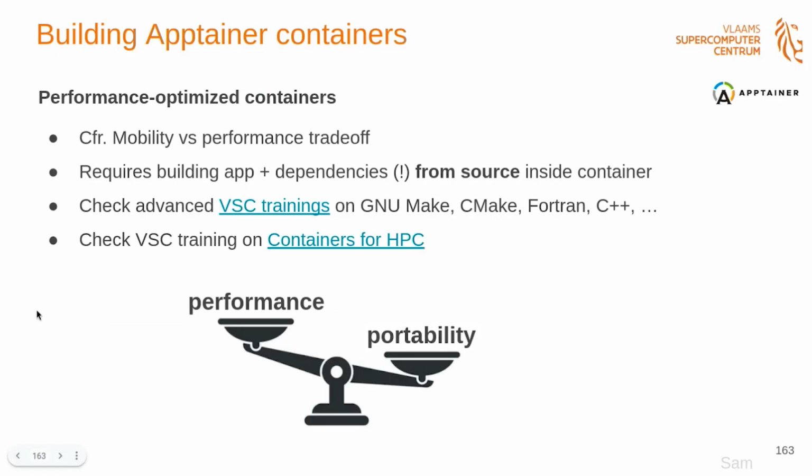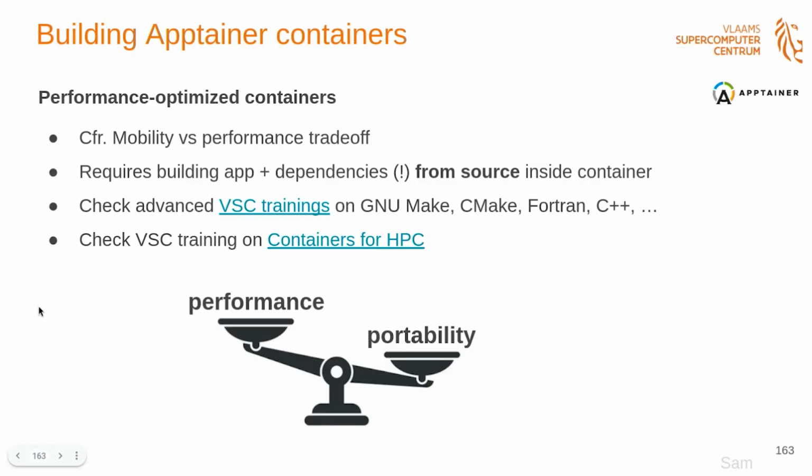Okay, and then some notes on performance-optimized containers. This is again the trade-off between performance and portability. If you want the best performance, then you should install from source. You have seen already several ways that you can do this, especially the talk of Cynthia, but also the talk of Kenneth after me.